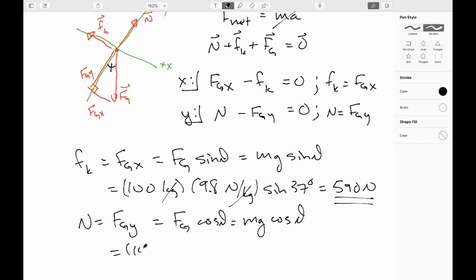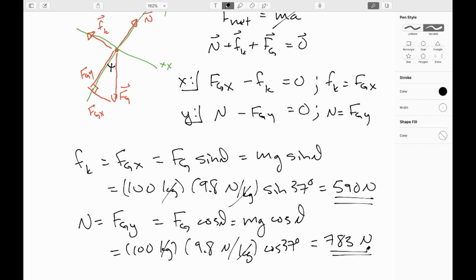So that will be 100 kilograms times 9.8 newtons per kilogram times the cosine of 37 degrees. Cancel, cancel. And that one is going to give you 783 newtons.